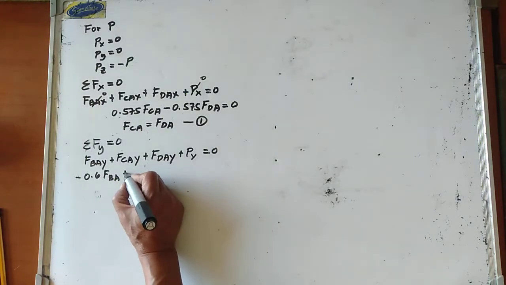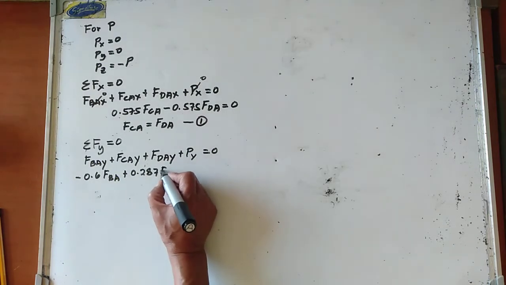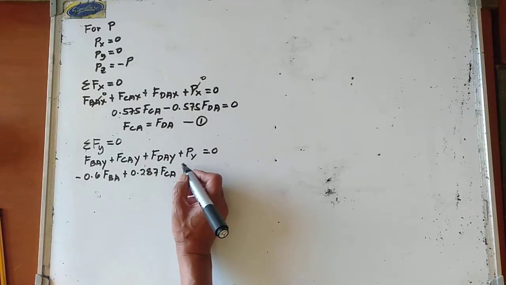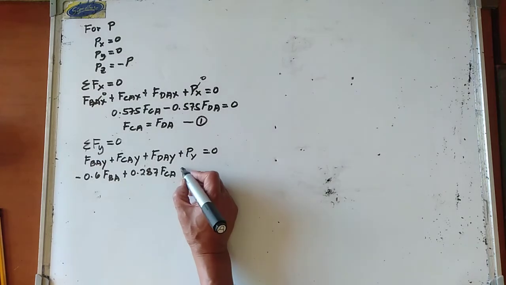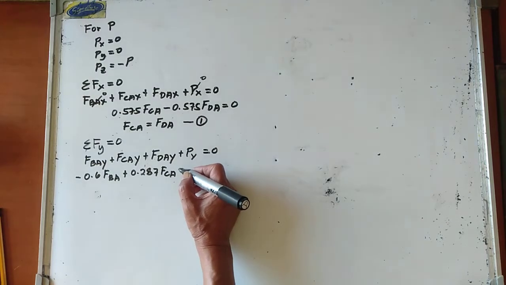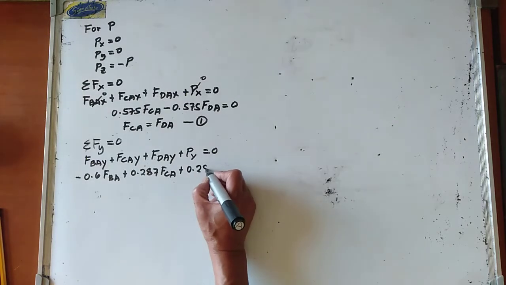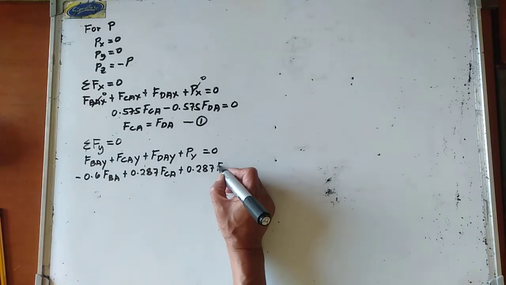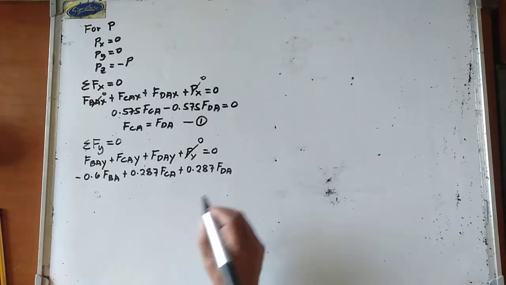Then FCAy is 0.287 FCA. And your FDAy is positive 0.287 FDA, your Py is equal to 0.